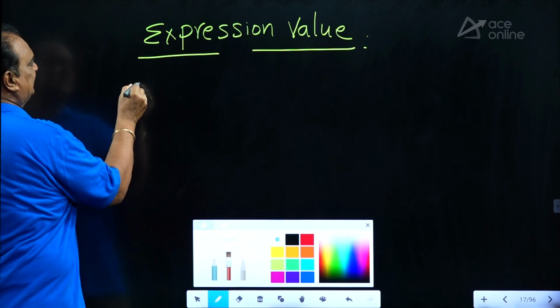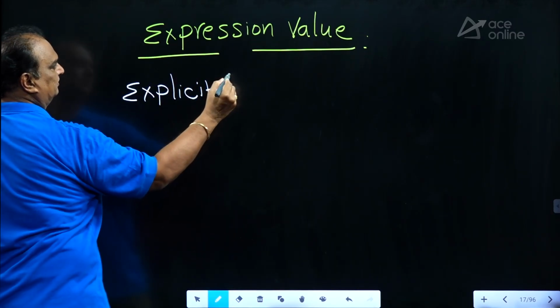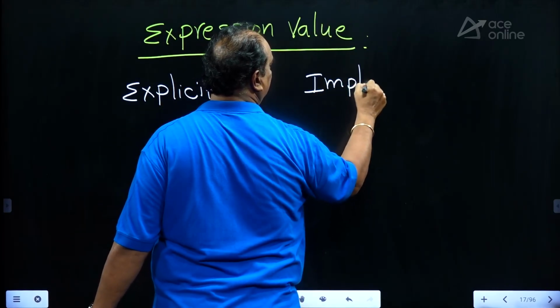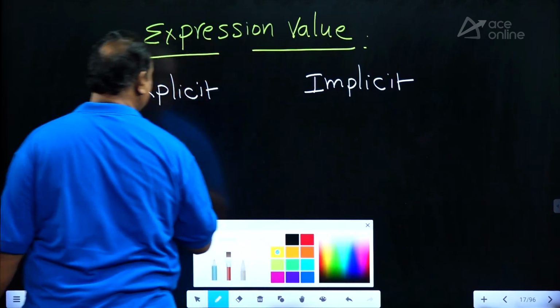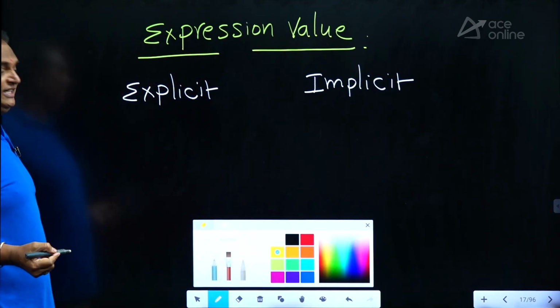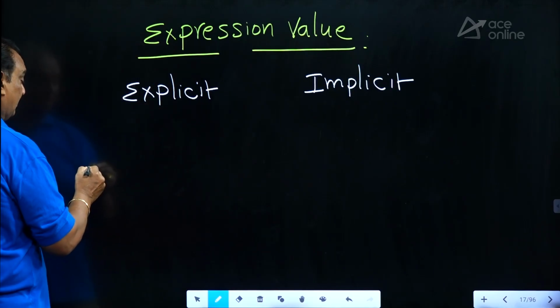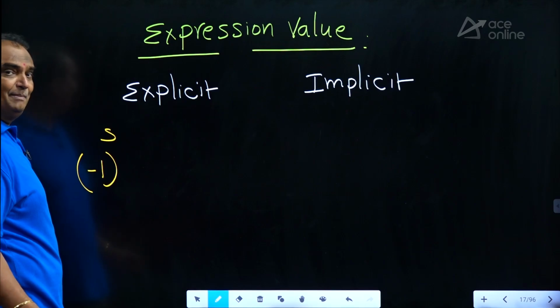If it is the explicit normalized technique or the implicit normalized technique. Look here. If it is explicit, what about the expression value? No hidden bit is there. That's why (-1)^s, where s is the sign of the mantissa.